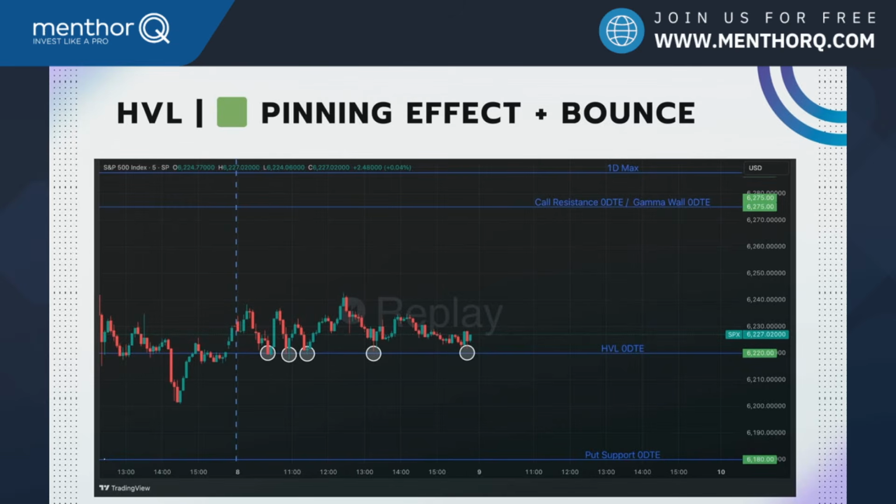This is an example that we took from, I think, yesterday or the day before, where the price on SPX was chopping all day around the HVL, in this case the 0 DTE level. So you can use this as your scalping tool, as your risk management tool. And again, this is very, very important. This is one scenario.